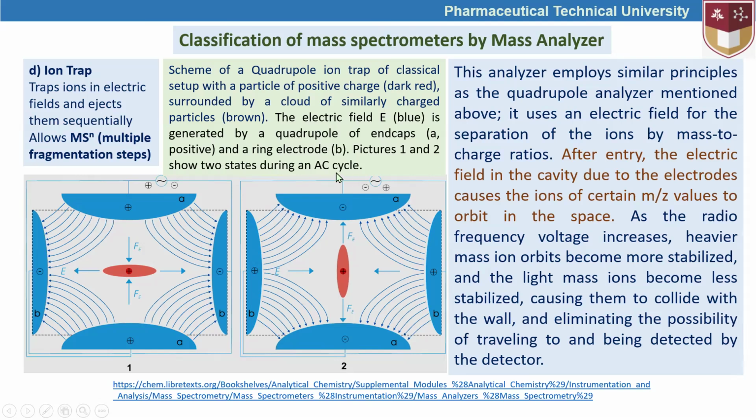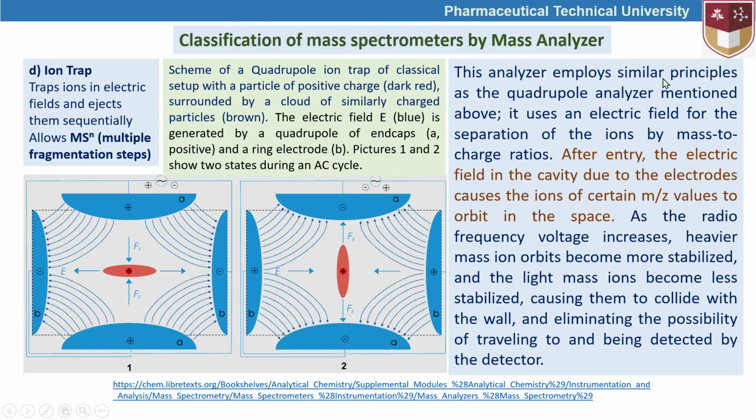And in pictures 1 and 2, here we can see differences in the orientations of the charged particles. So this is one of the factors that can explain the essence of the ion trap.